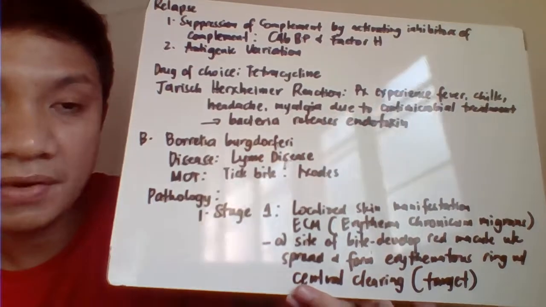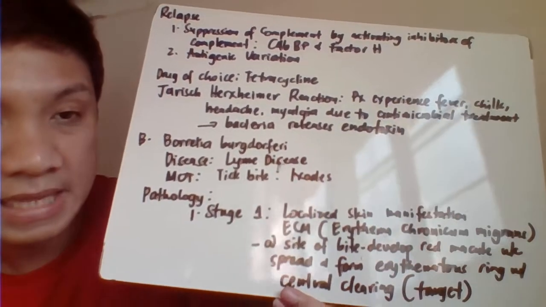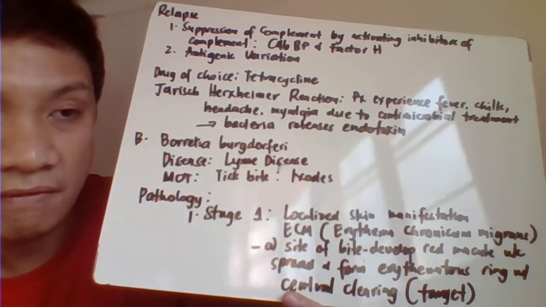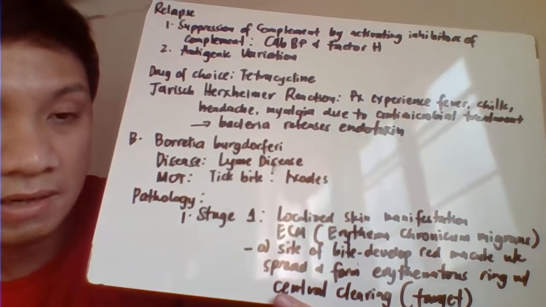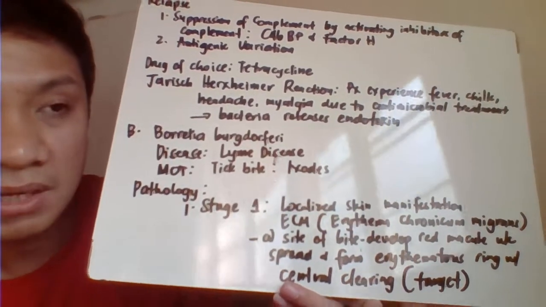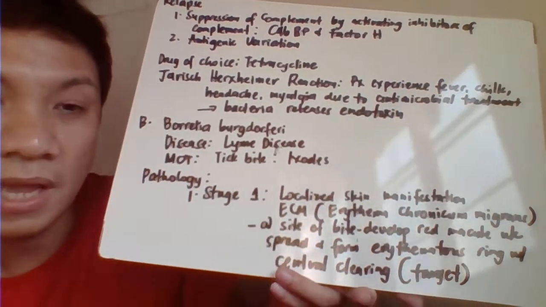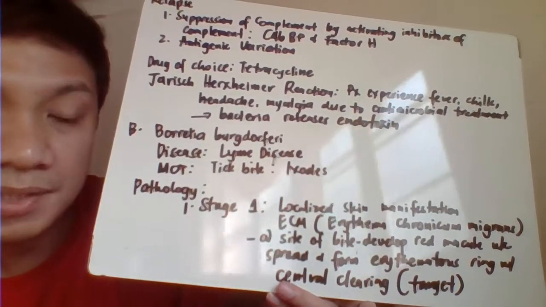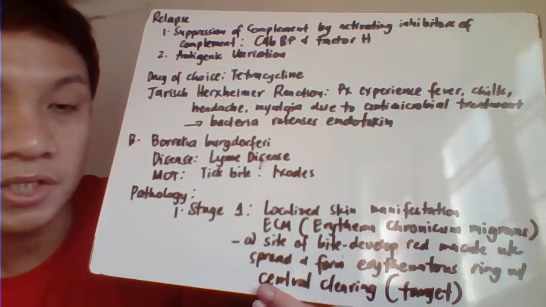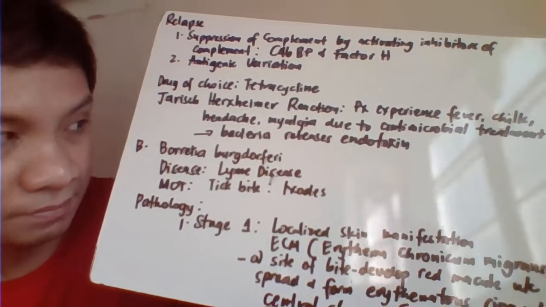The drug of choice is tetracycline. Some patients given antimicrobial drugs develop fever, headache, and malaise because the bacteria release endotoxin in response to the antimicrobial agent. They call this reaction the Jarisch-Herxheimer reaction.